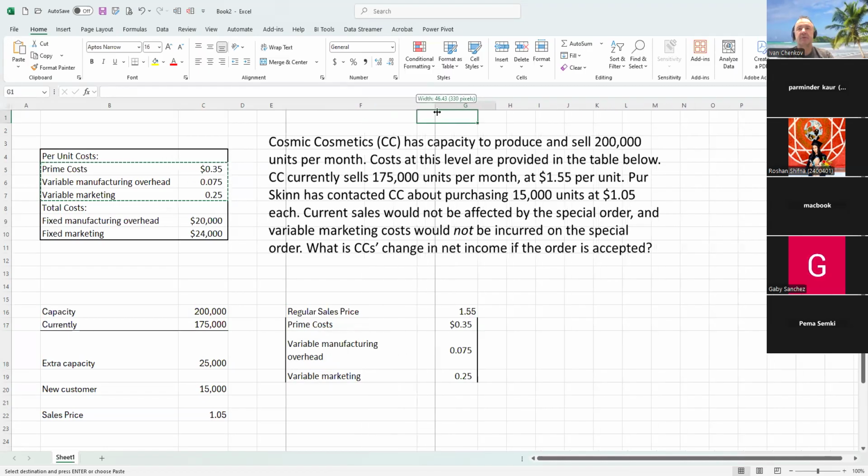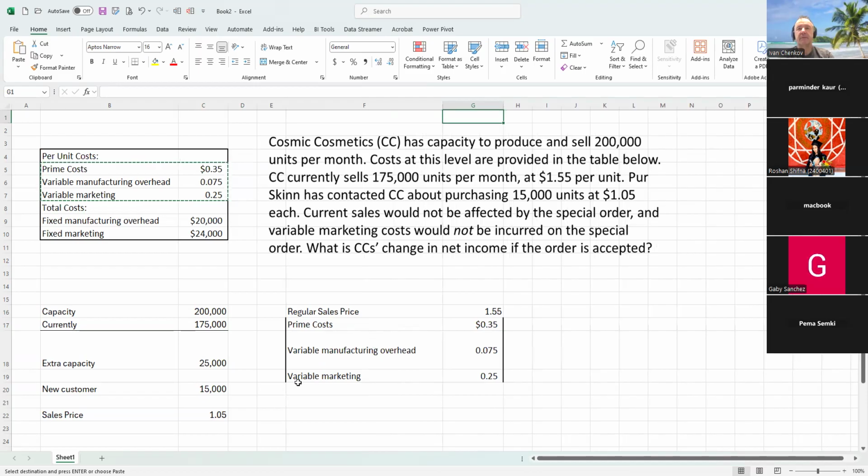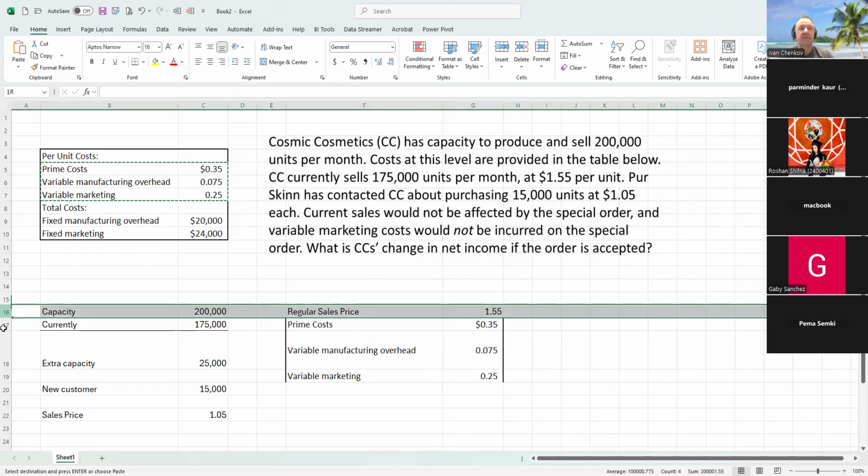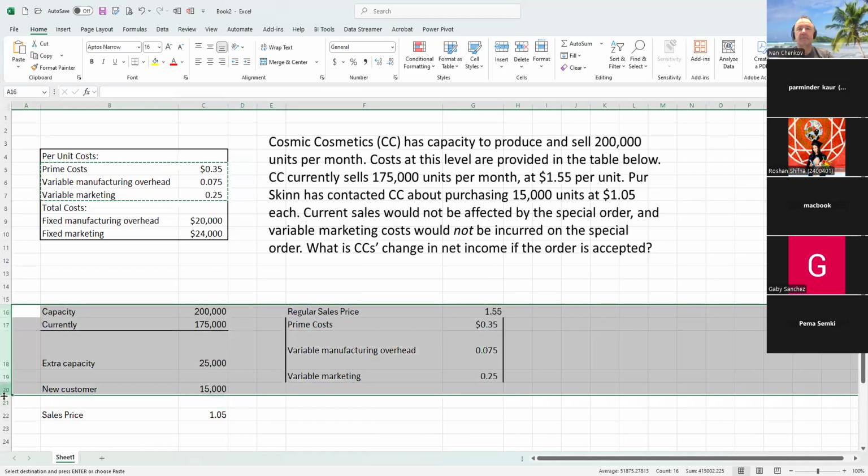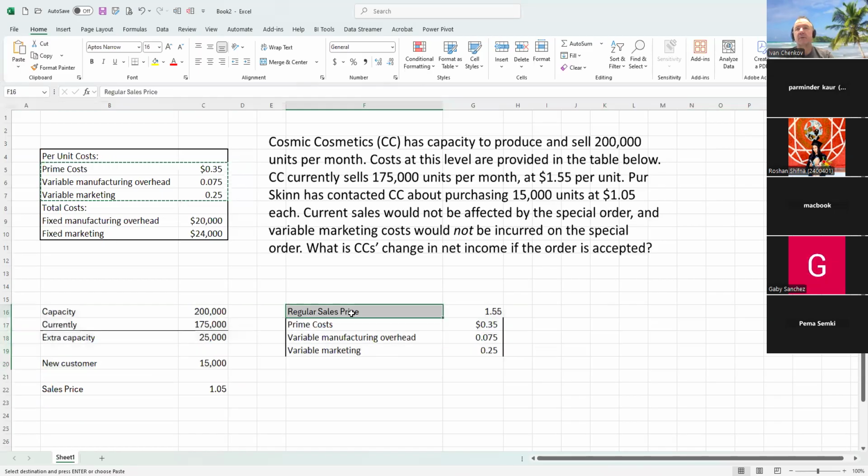We're going to have the $1.55 regular price, and the customer is going to come, and 0.35 is this one, 0.075 is this one, and 0.25 is that one. Now the question is, are we generating contribution margin here?